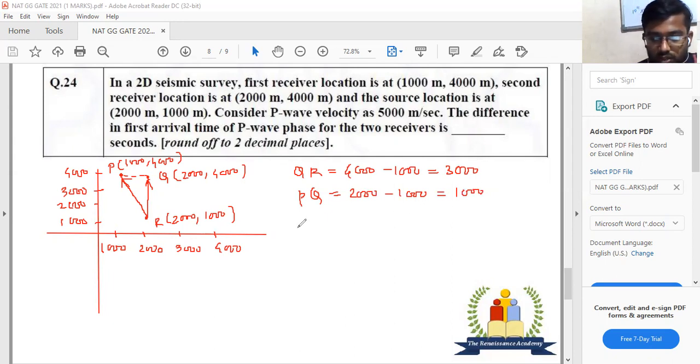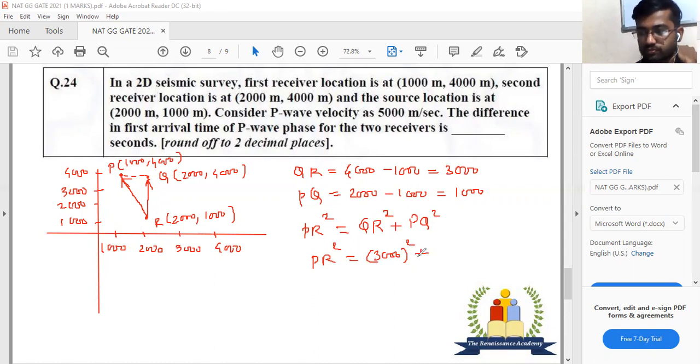Now with the help of Pythagoras theorem, we can easily calculate PR. PR square is equal to QR square plus PQ square. Substituting the values, PR square is equal to 3000 square plus 1000 square.